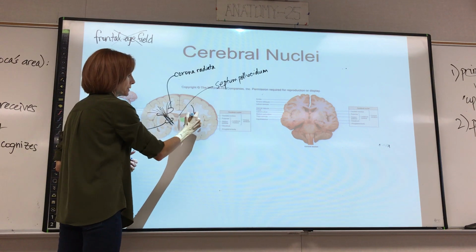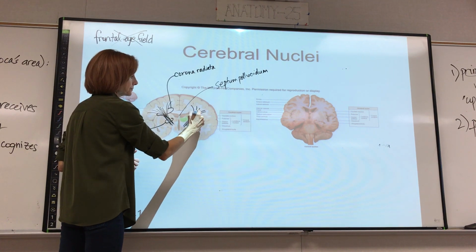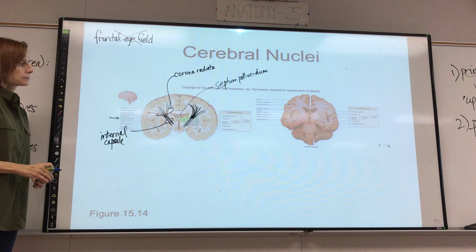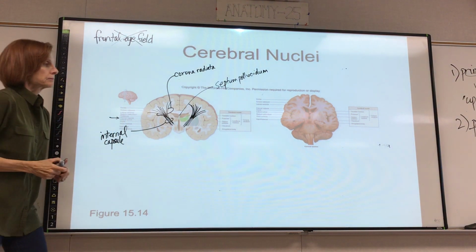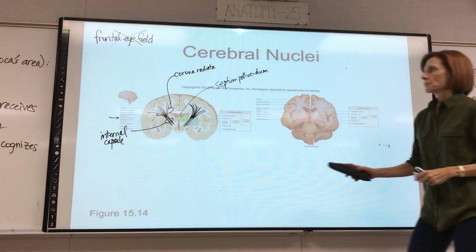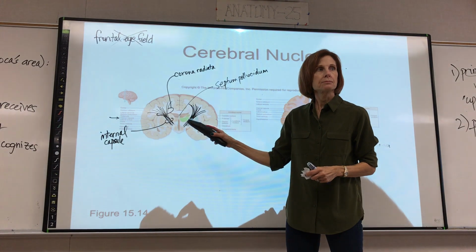This is the corona radiata. If you look up the corona radiata in the index of the book, it will actually tell you that it's in the ovary, but that's a different corona radiata, okay? We'll talk about that one later. Okay, do you guys have that?